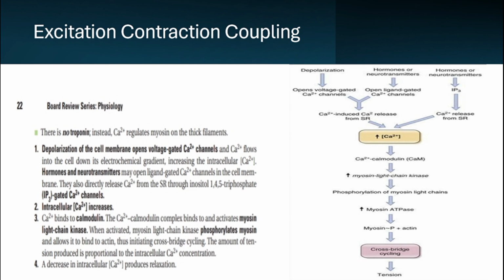When we have the phosphorylation of myosin light chain, it allows it to bind to actin, thus initiating the cross-bridge cycling, and this results in the contraction of the smooth muscle. This means that the amount of tension produced in the smooth muscle is proportional to the intracellular calcium concentration. So what happens when there is a decrease in intracellular calcium? The muscle relaxes.